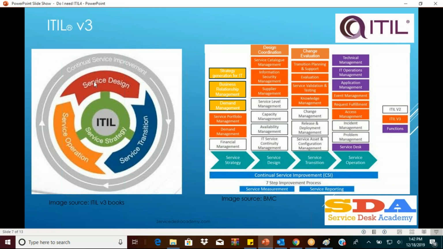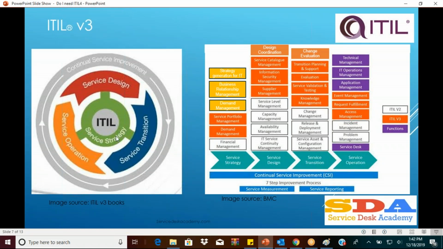ITIL V3 was launched in 2007 with a life cycle based approach. The first one is service strategy, then comes service design, then service transition, and then service operations, and on the top we have continual service improvement, which tries to improve the services with respect to all these four process areas.